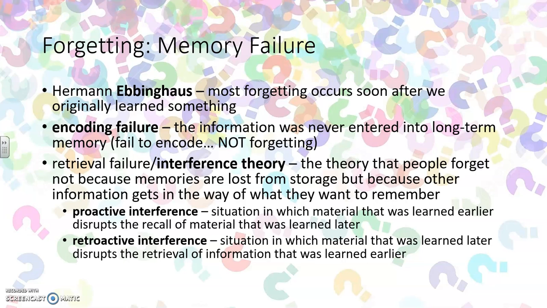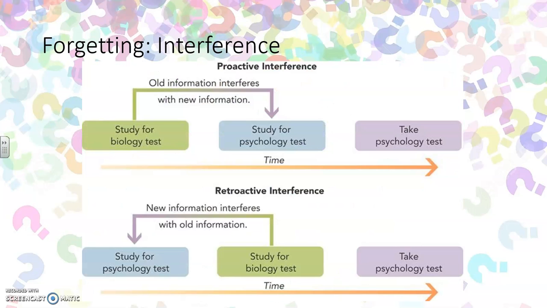Retrieval failure and interference theory: the theory that people forget not because memories are lost, but because other information gets in the way. This is where we have proactive and retroactive interference. I have a question at the end that asks what the difference is. Proactive is a situation in which material that was learned earlier disrupts the recall of material learned later. And vice versa, retroactive is where material that was learned later disrupts new information from earlier.